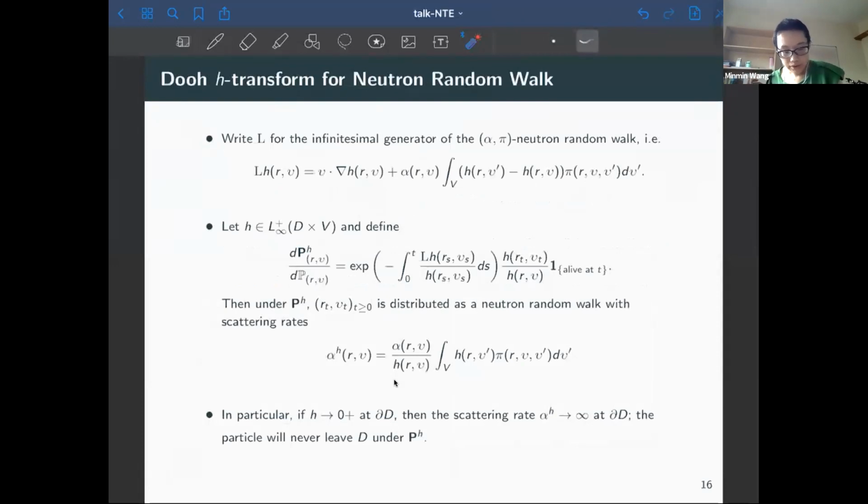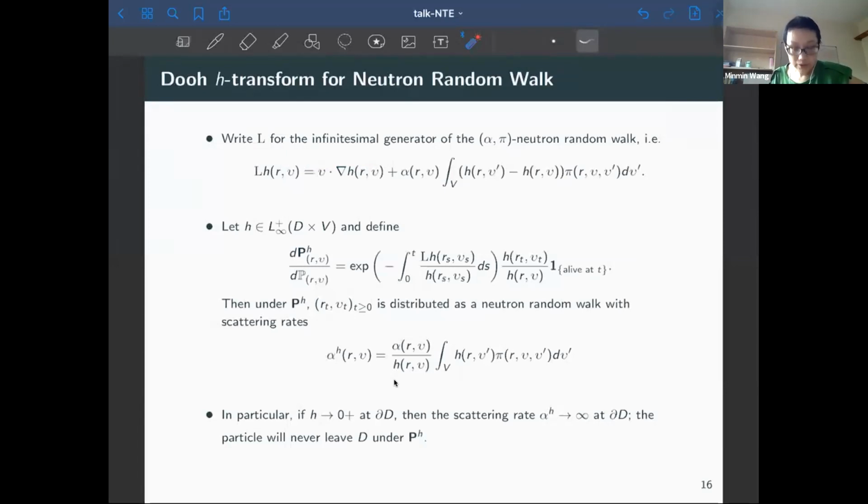We build on this neutron random walk idea, but this time we try to improve the survival probabilities by using this Doob transform idea. Let me explain this very quickly. Let me write L for the infinitesimal generator of the neutron random walk that we've seen in the previous slide.